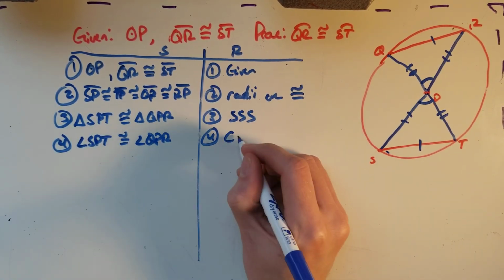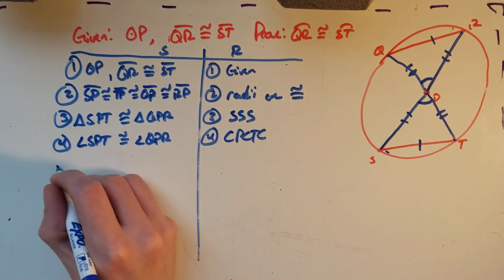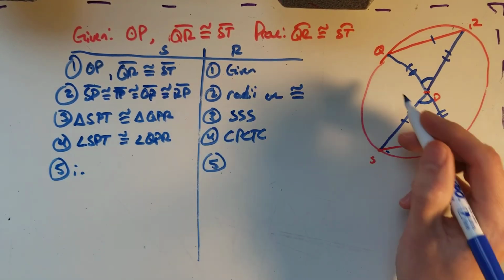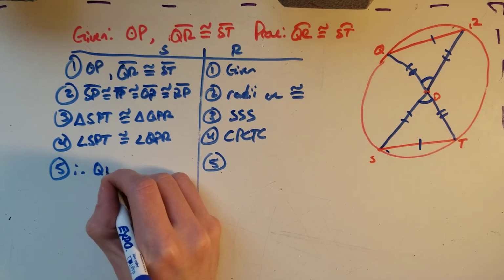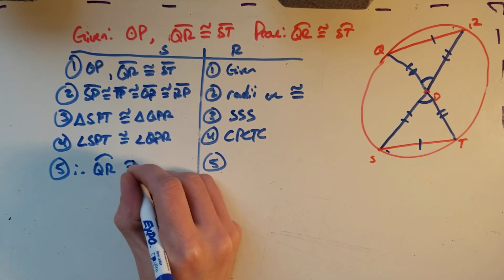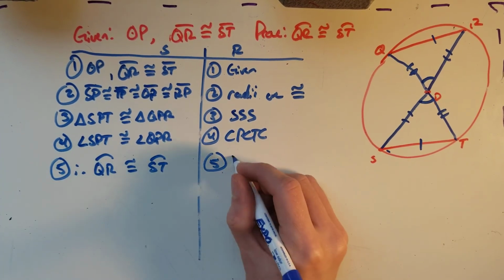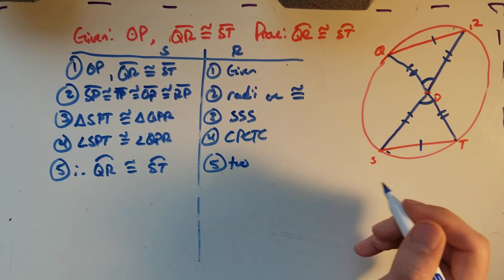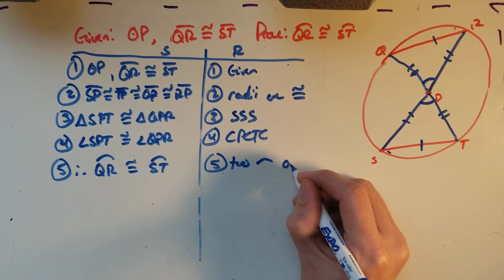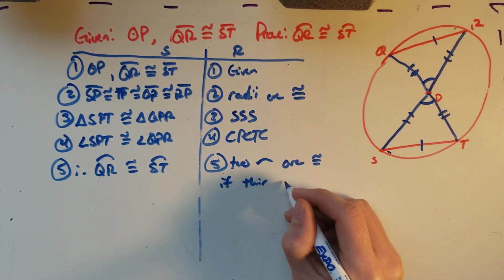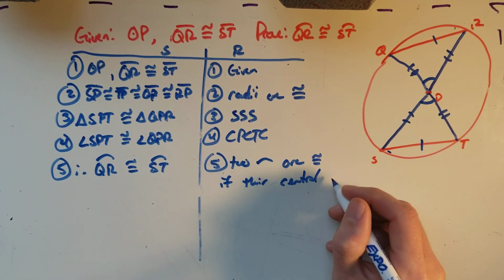And by those two being congruent by CPCTC, we can conclude that our arcs, what we're trying to prove, arc QR is congruent to arc ST. We know that because in the same circle, two arcs are congruent if their central angles are congruent.